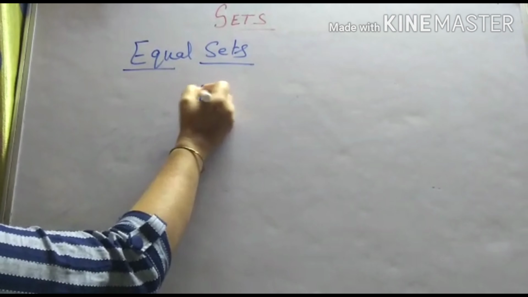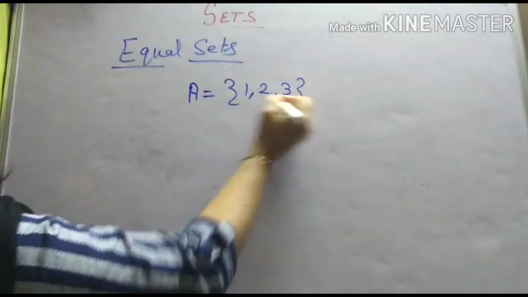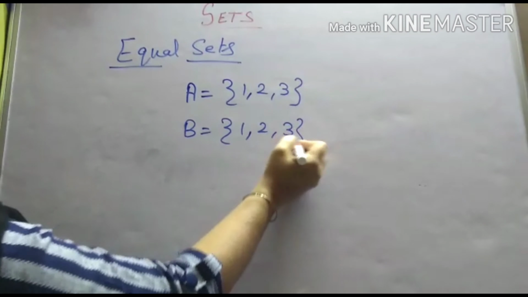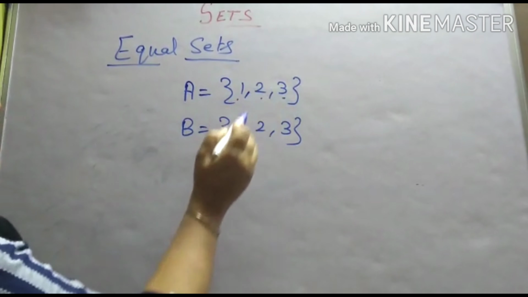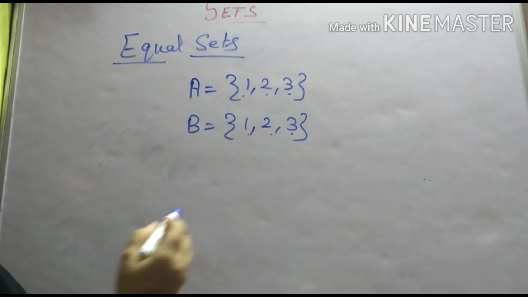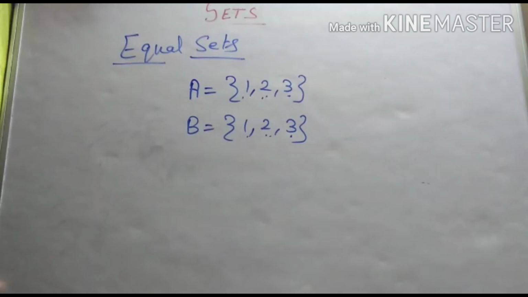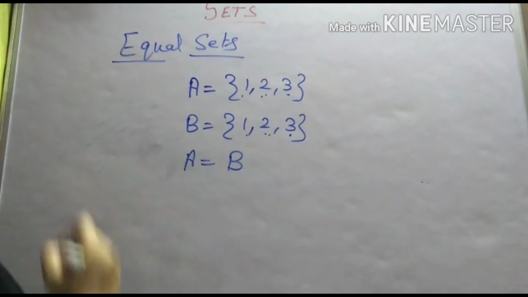For example, if we have A is {1, 2, 3} and set B is also {1, 2, 3}, it means every element of A is an element of B and every element of B is an element of A. So these two sets are equal sets.